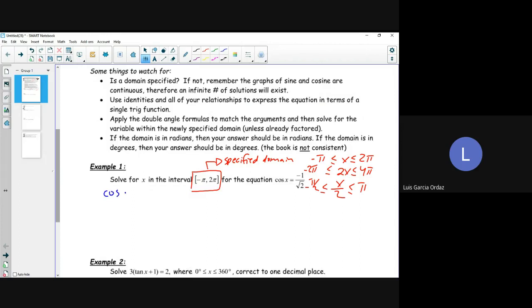So we have cos of x is equal to negative 1 over root 2, or negative root 2 over 2. Before we sketch it out, what angle does cos of x give us root 2 over 2?